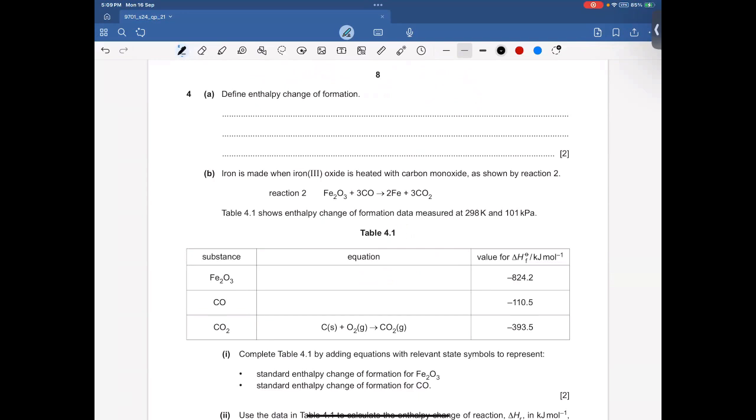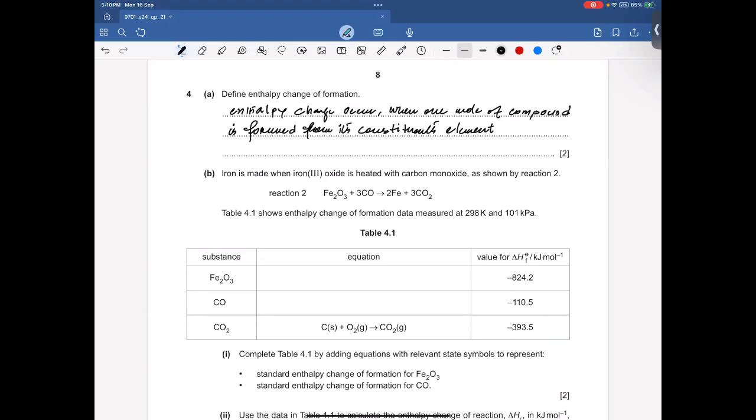Enthalpy change occurs when 1 mole of compound is formed from its constituent elements in their standard states under standard condition.